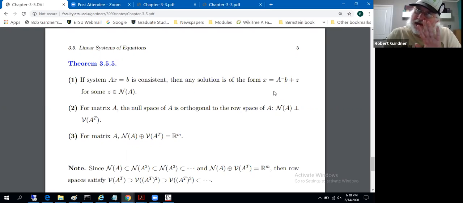So I can put a geometric interpretation on the systems of equations. They're translations of vector spaces. This is a translation, and the space that's translated is ultimately written as the null space.